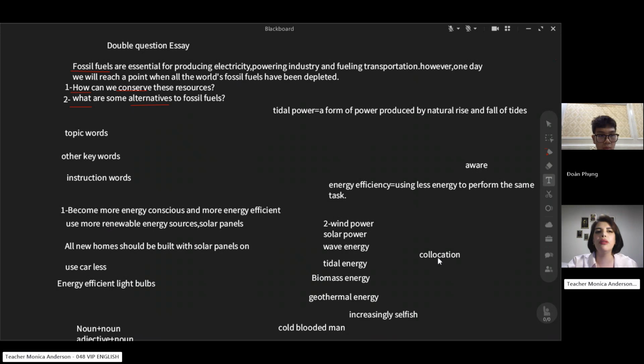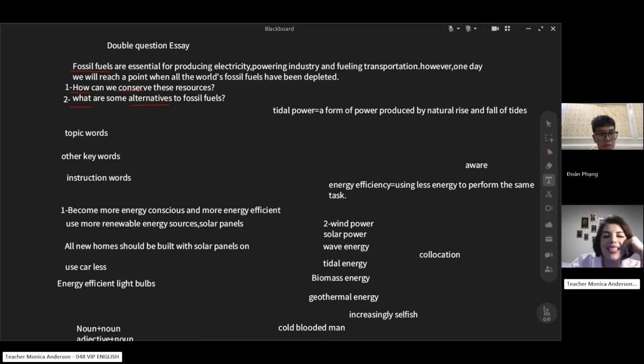For example, non-renewable resources, energy. Yeah, we can say that.